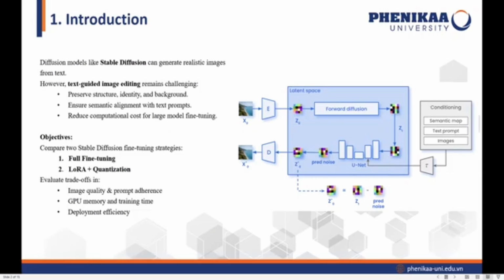The main objective of this research is to compare fine-tuning schedules for Stable Diffusion: full fine-tuning and LoRA, and to evaluate them in terms of memory, quality, training time, and deployment efficiency.